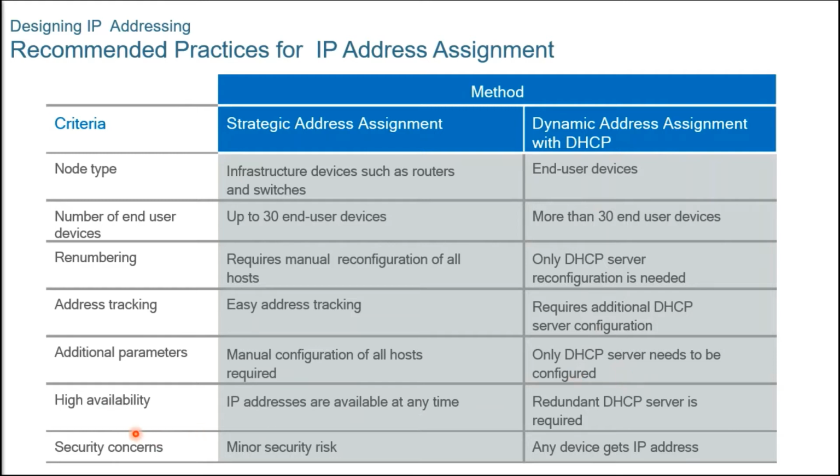For high availability, static IP addresses are available at any time, while for DHCP, a redundant DHCP server is required. For security concerns, we've got a minor security risk for static assignment, and for dynamic, any device gets an IP address.